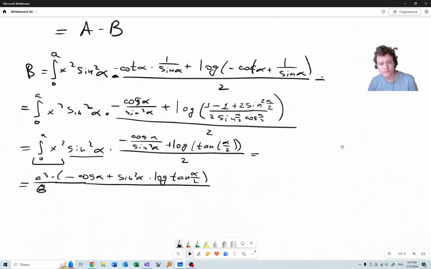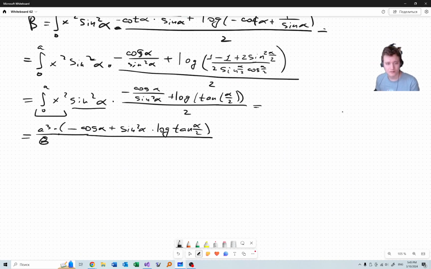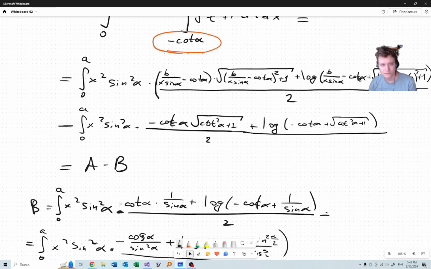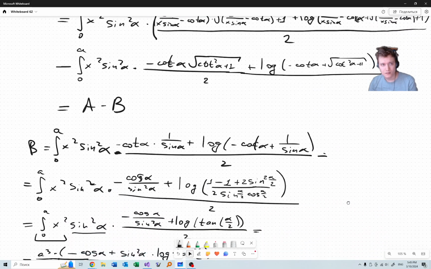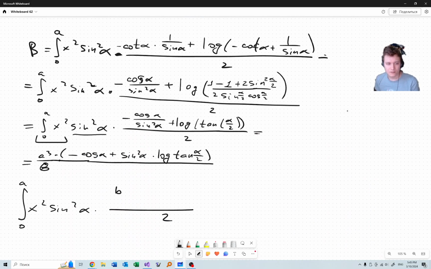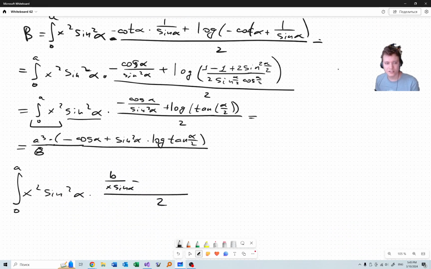Okay, we kind of have two separate addends. Let's work with them one at a time. So, first of all, we have x squared sine squared alpha times something over 2, b over x sine alpha minus cotangent alpha times square root of the same thing.